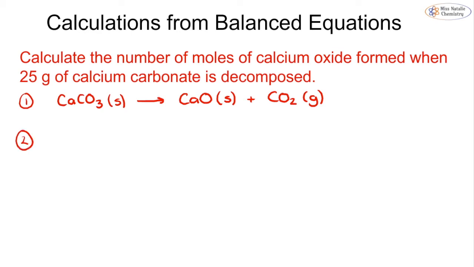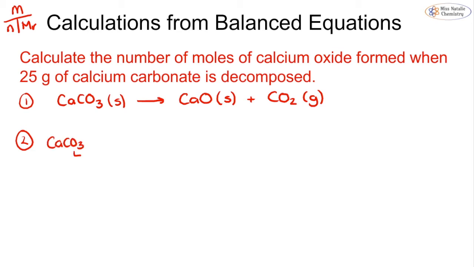So step 2, calculate the moles of the known substance. So remember our triangle is mass, moles, MR. So to calculate the number of moles, we need the mass and we also need our MR. So for the MR, we have to do that first.